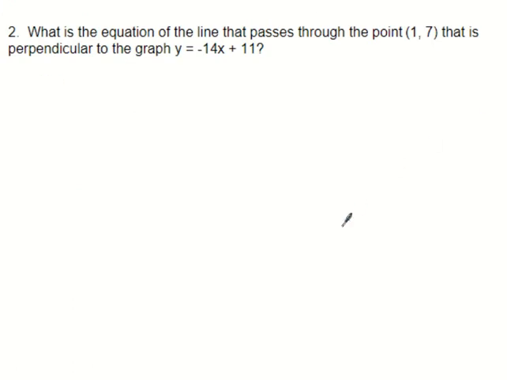All right, so now it says, what is the equation of a line that passes through this point that is now perpendicular to this graph? Okay, so again, this is line 1. We're going to solve for line 2.